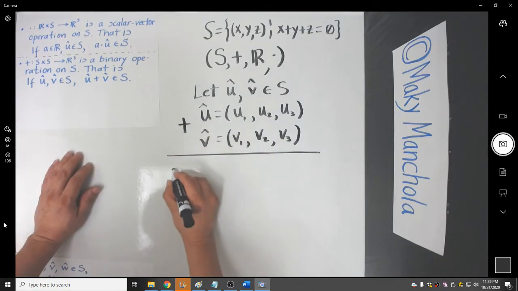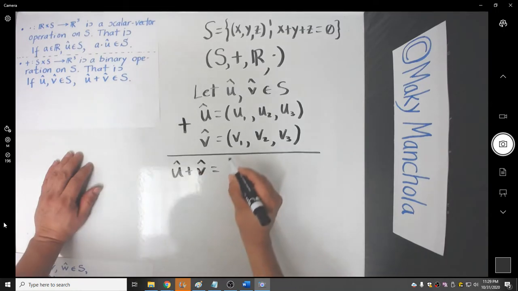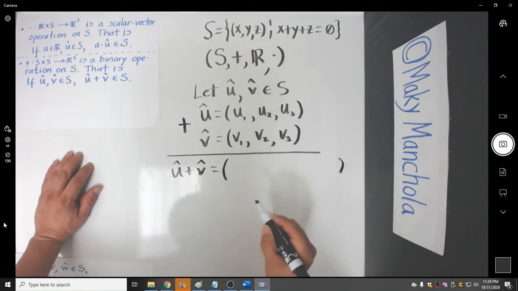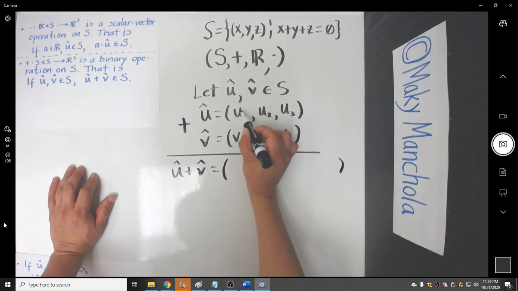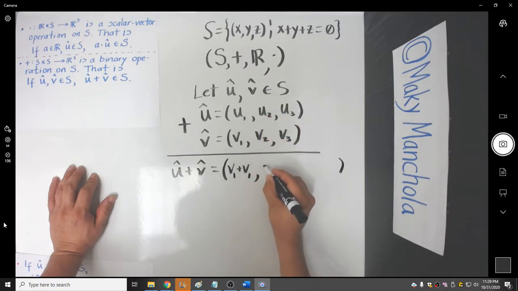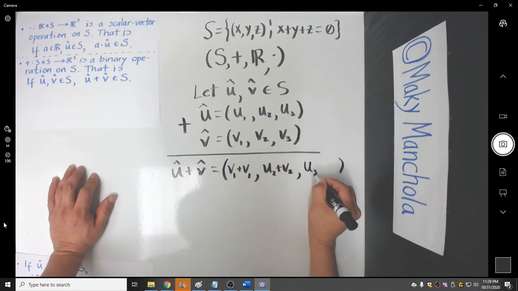So you have U plus V equals. Now we know how to add elements in R3. You add entry by entry correspondingly. U1 plus V1, U2 plus V2, and U3 plus V3.